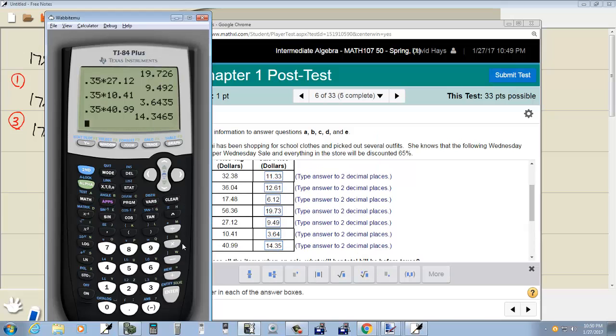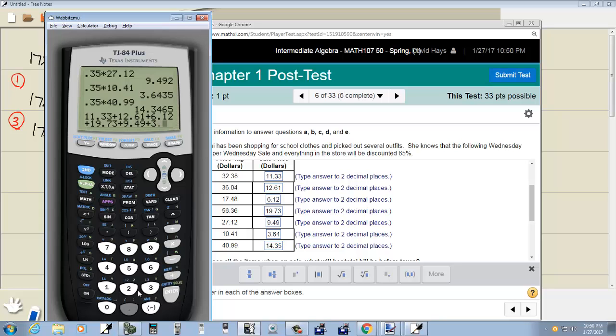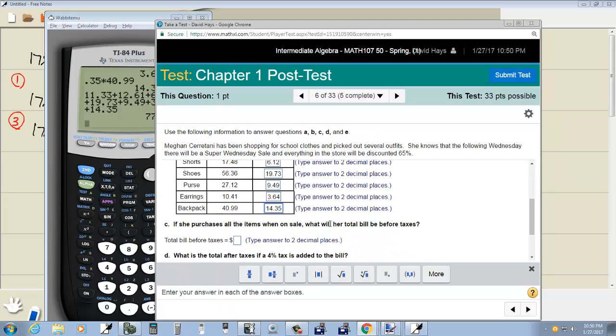Okay, so add all these up, I guess. 11.33 plus 12.61 plus 6.12 plus 19.73 plus 9.49 plus 3.64 plus 14.35. 11.33, 12.61, 6.12, 19.73, 9.49, okay, 77.27, 77.27.